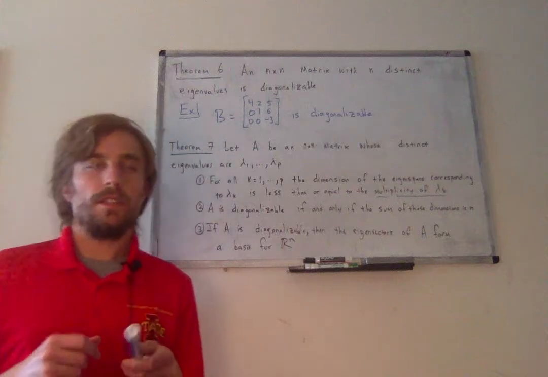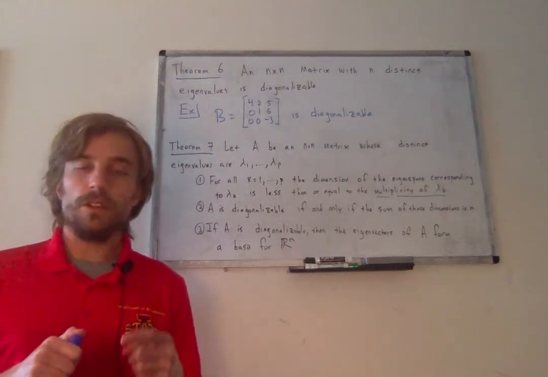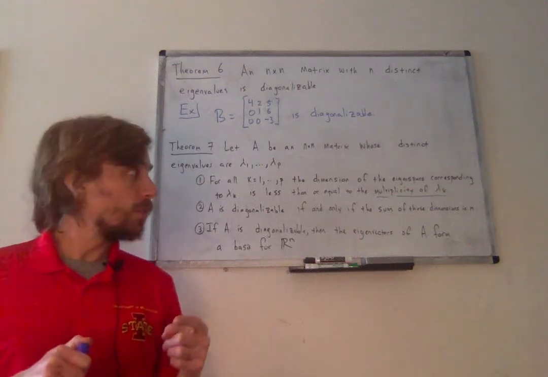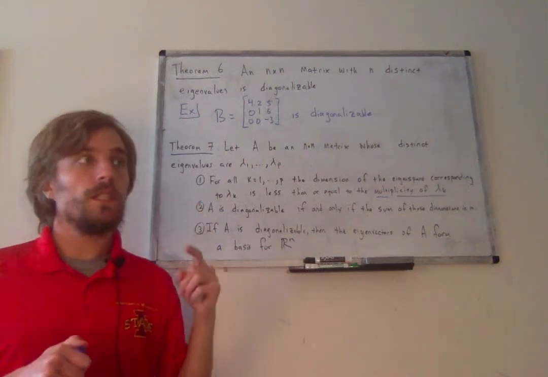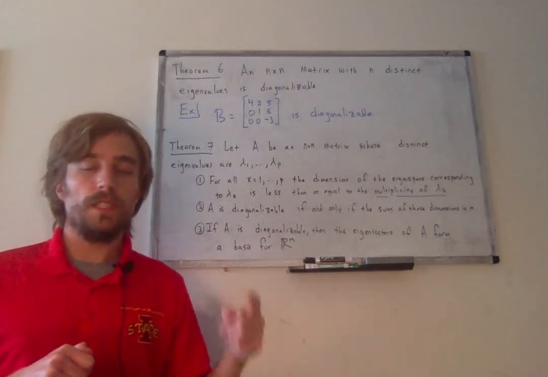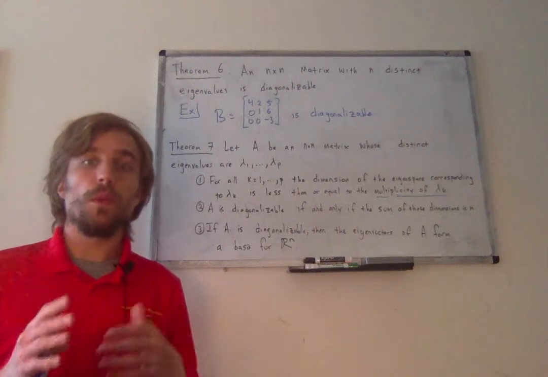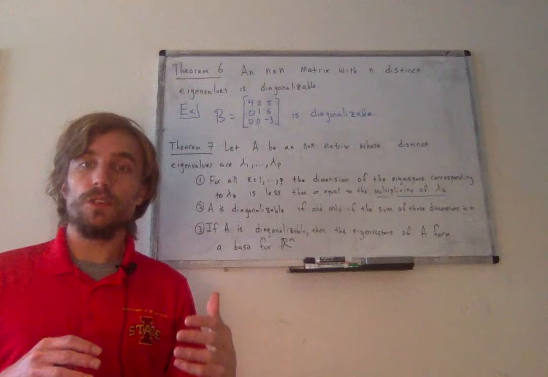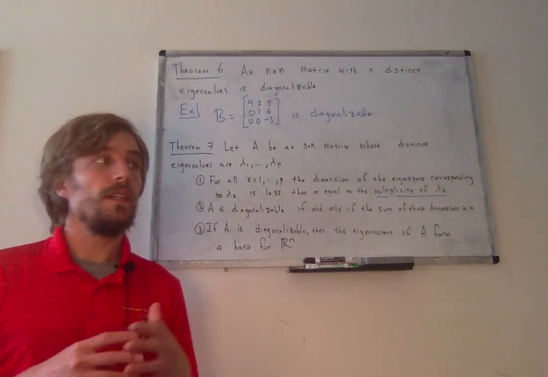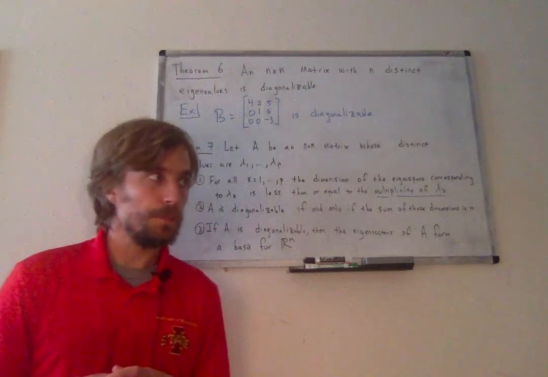Basically, 1 tells us that the number of linearly independent eigenvectors corresponding to any specific eigenvalue is always less than or equal to the multiplicity of that eigenvalue. And remember, multiplicity was how many times that eigenvalue shows up as a root in the characteristic polynomial.